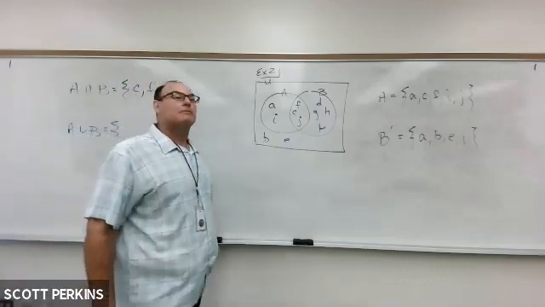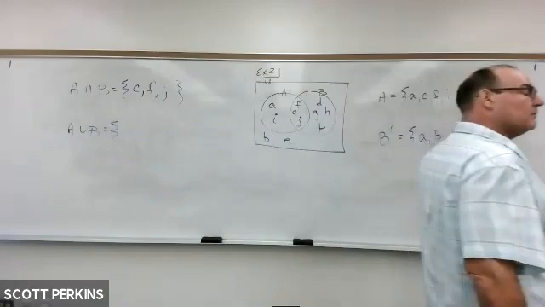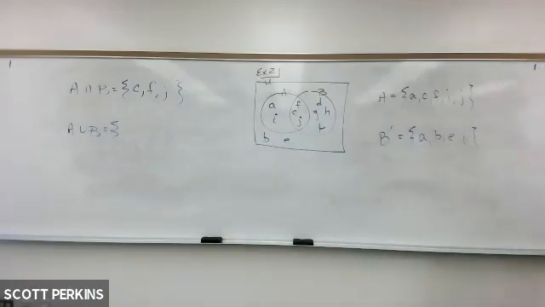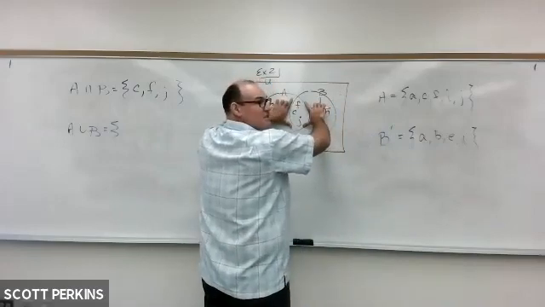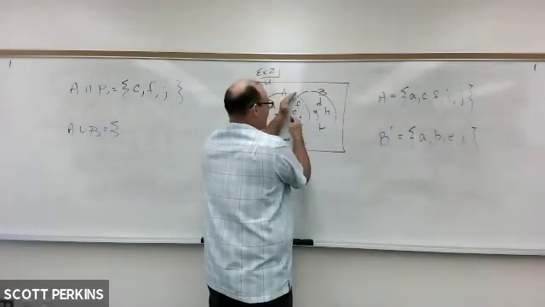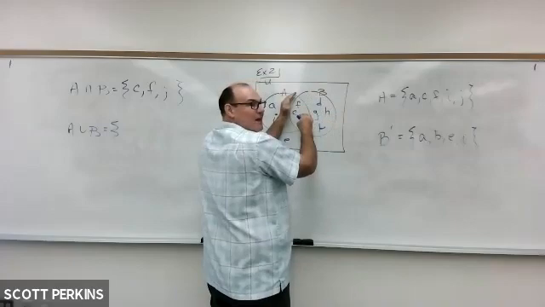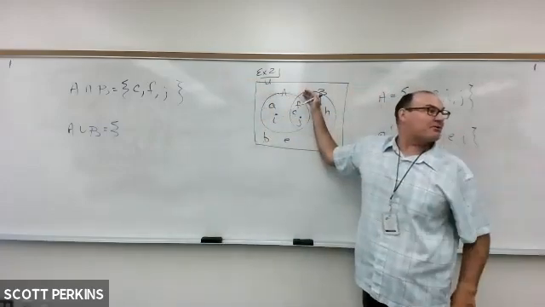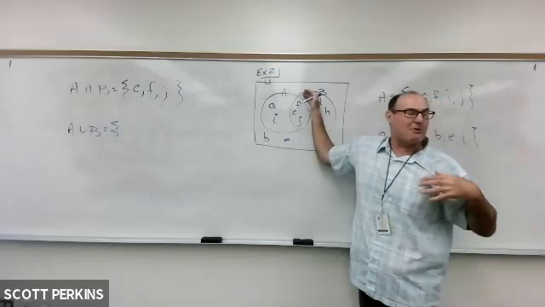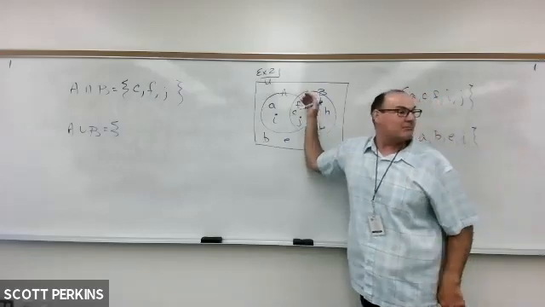Yes. This stuff right here, great question. When I look at it this way, it's part of B, right? And when I look at it this way, it's part of A. It's the stuff that both sets share. Great question.